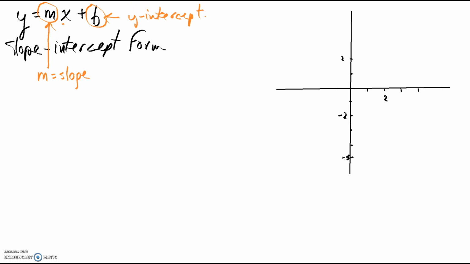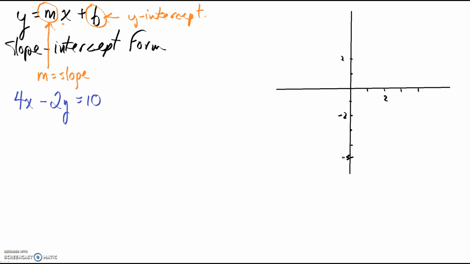So let's go back to our same line, 4x minus 2y equals 10. I want to rearrange this equation so that it reads y equals mx plus b.